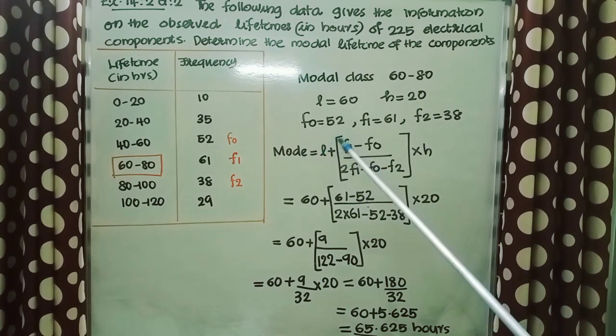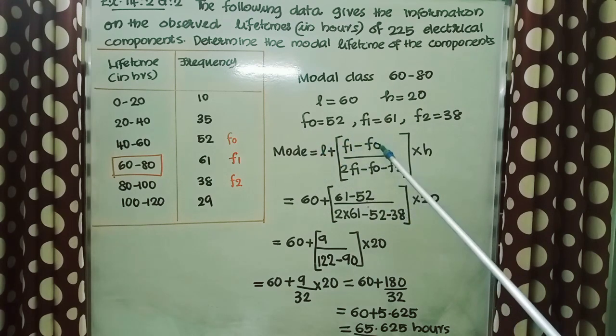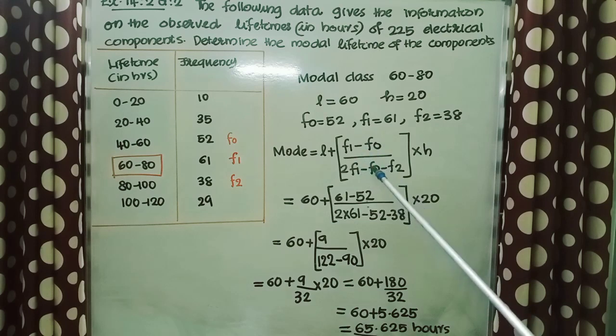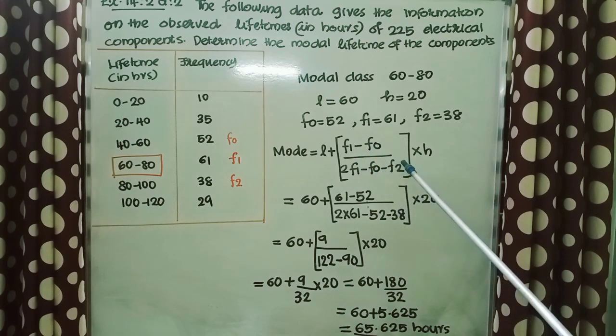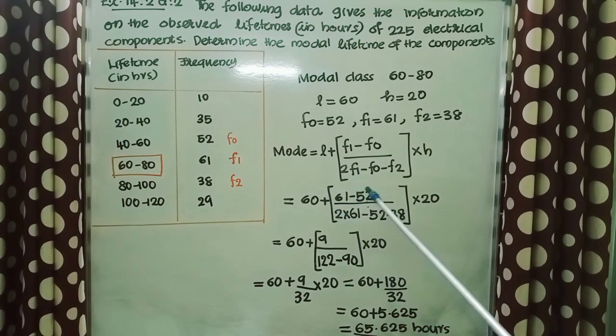Mode equal to L plus (F1 minus F0) by (2 F1 minus F0 minus F2) into H. That is equal to 60 plus (61 minus 52) by (2 into 61 minus 52 minus 38) into 20.